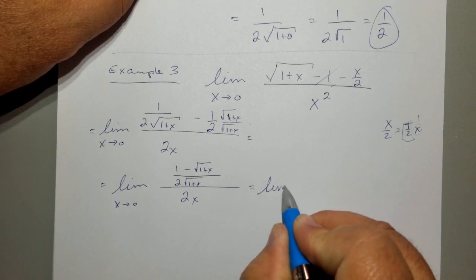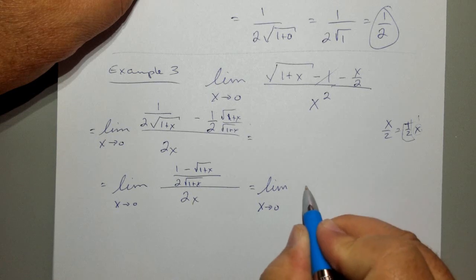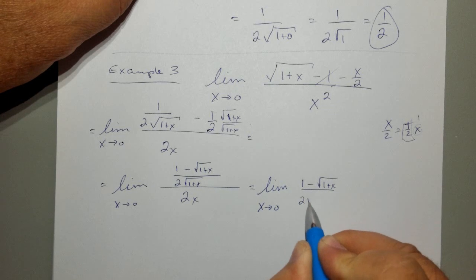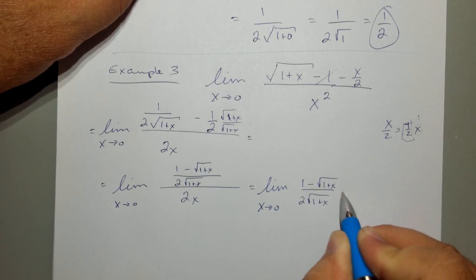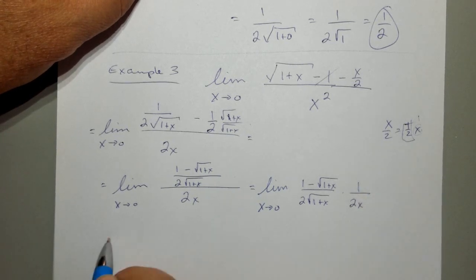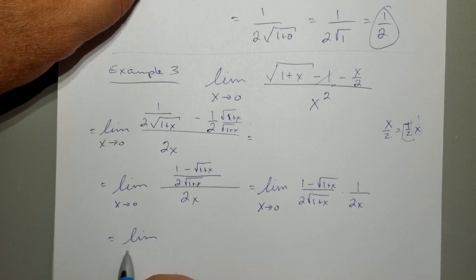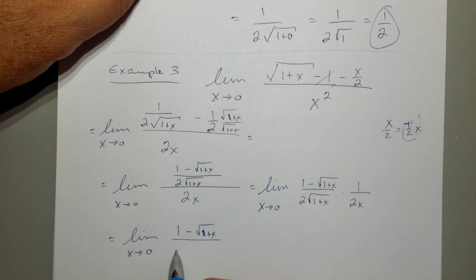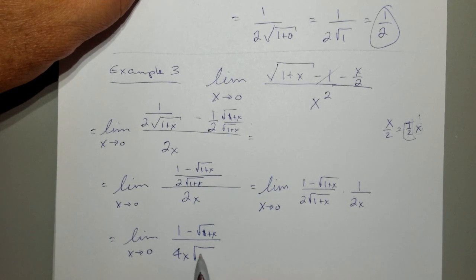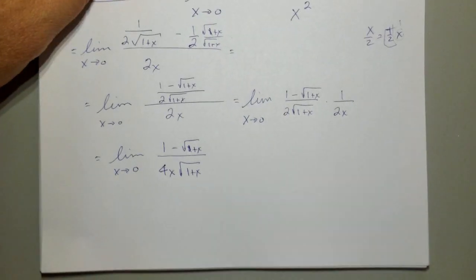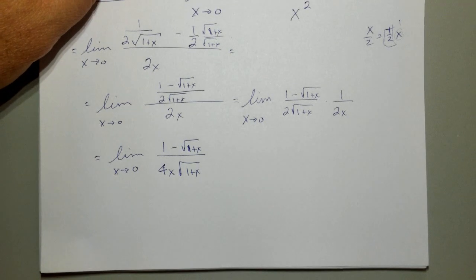We have the limit as x approaches 0 of the top fraction times the flip of the bottom, radical 1 plus x over x radical 1 plus x. We get 0 over 0 again.